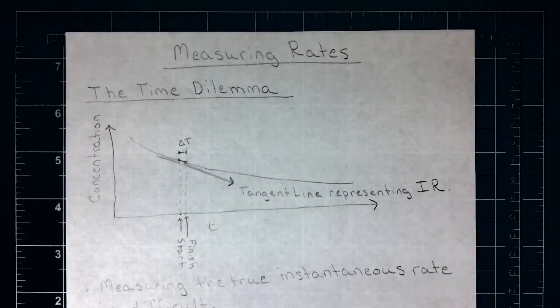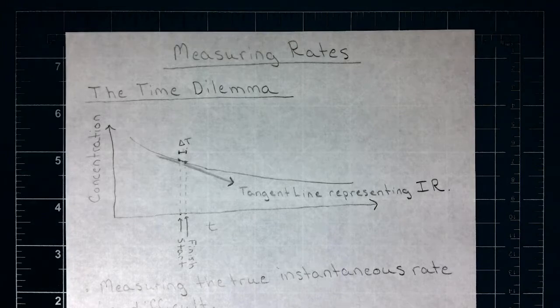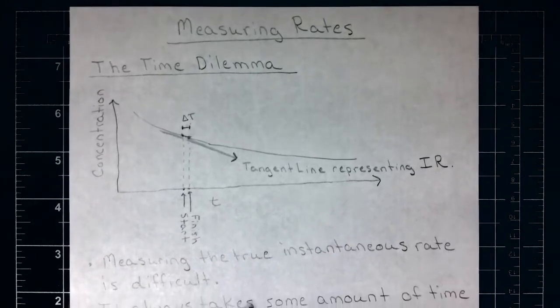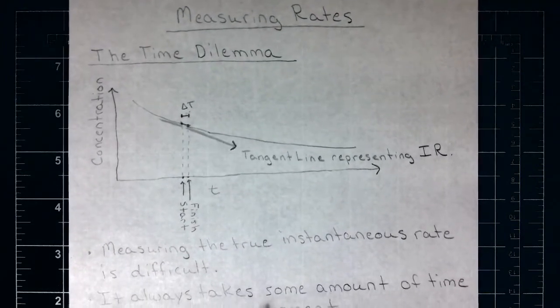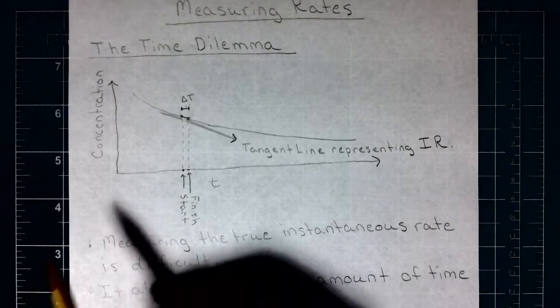Hello everybody. In this video, I want to give you guys a little bit of an overview of measuring reaction rates. And the first thing I want to talk about is the difficulty that we have measuring an instantaneous reaction rate.